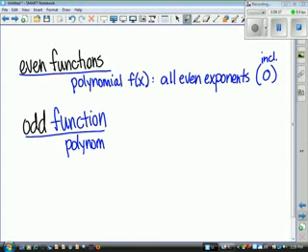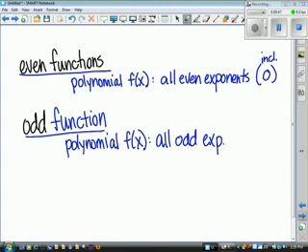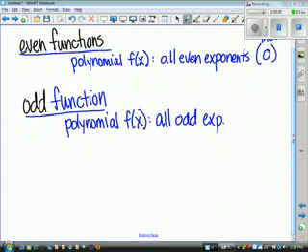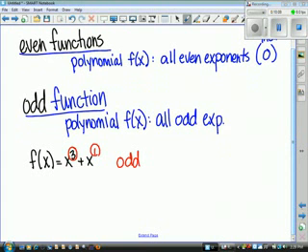And then if you have a polynomial function and you have all odd exponents, that's considered an odd function. All right, so for example, if you had x cubed plus x, notice this exponent is 3. This exponent's understood to be 1. Since all the exponents are odd, you would consider that an odd function.